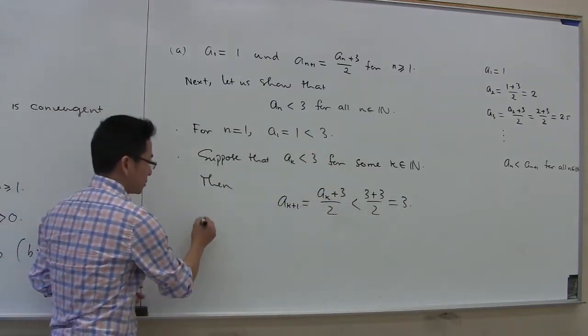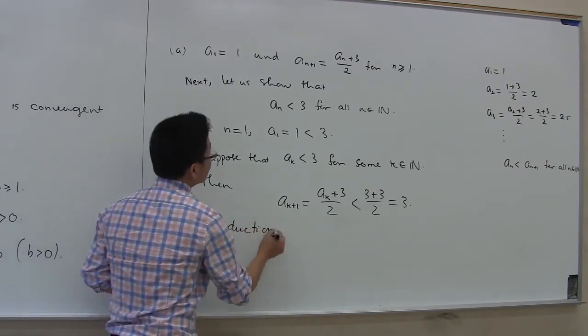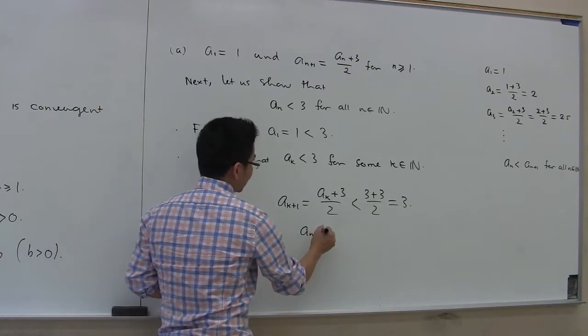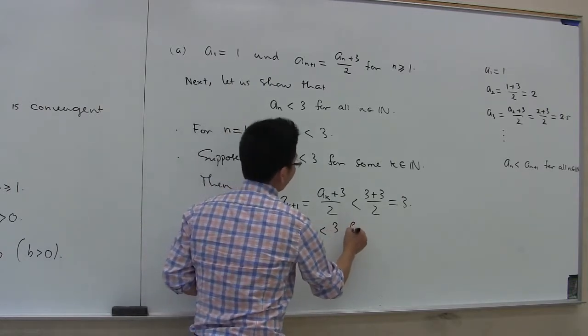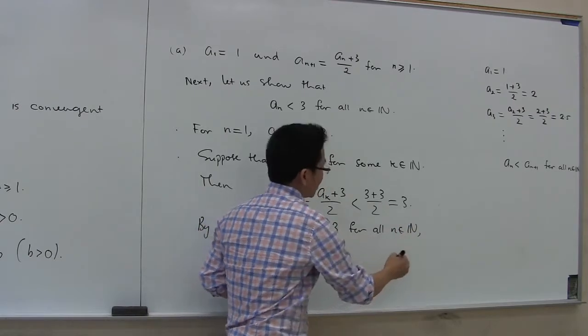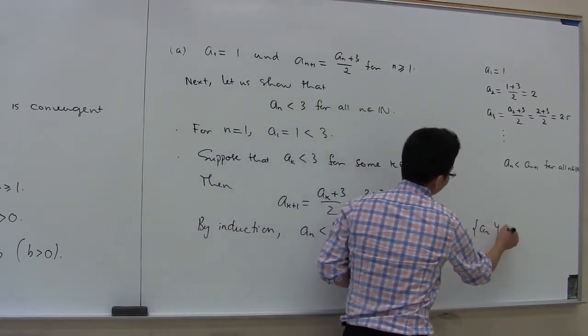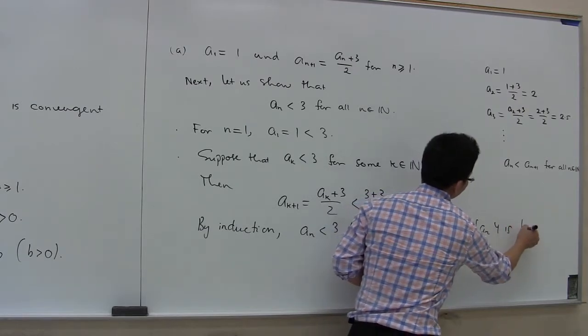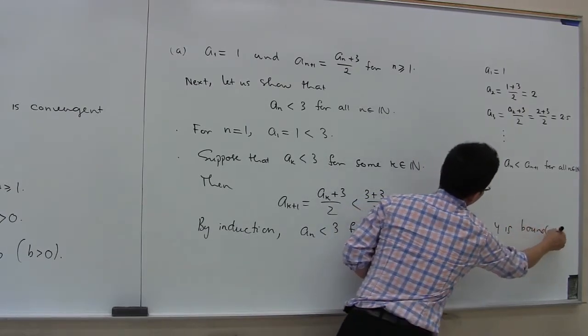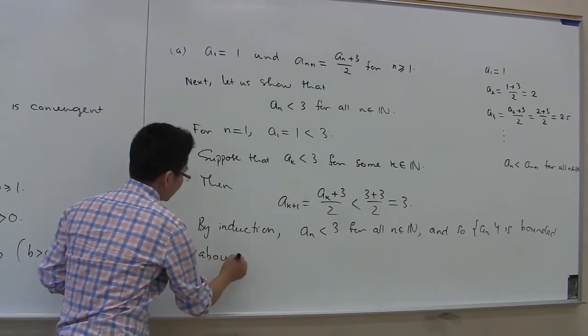By induction, a_n is less than 3 for all n in N, and so a_n is bounded above by 3.